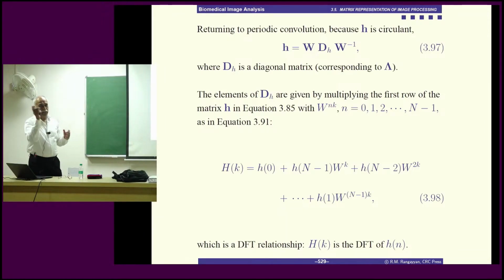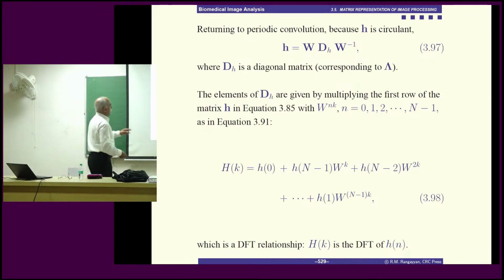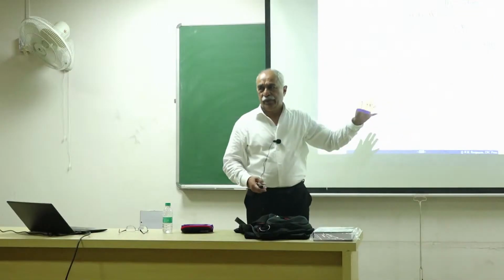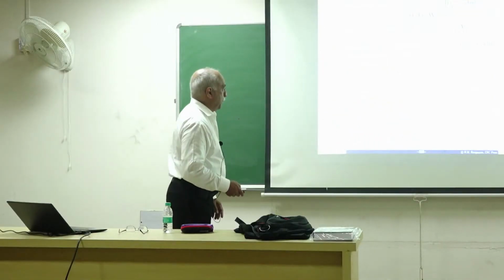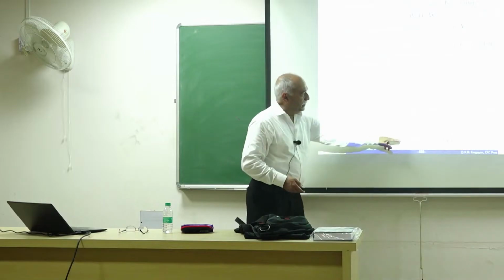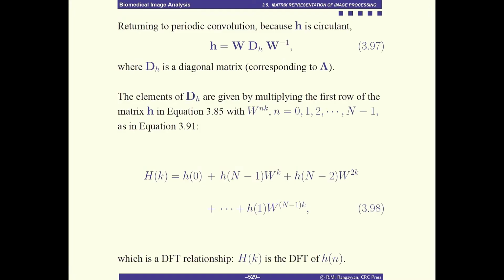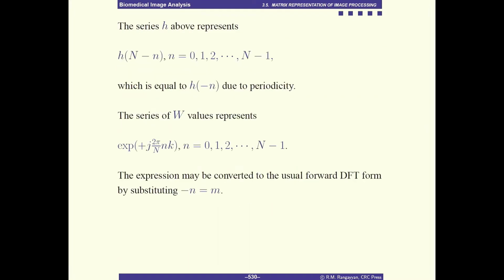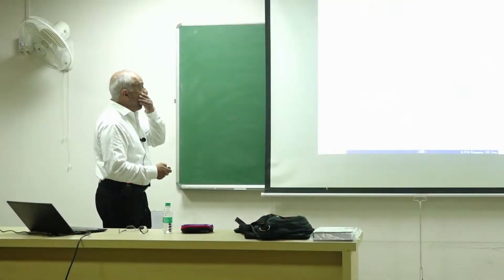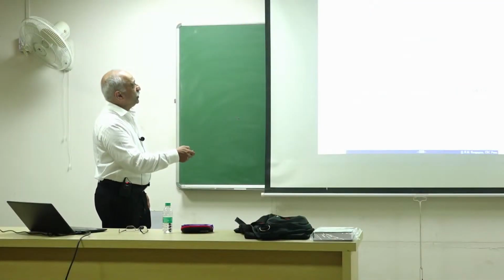It's a matrix, but the first row is just the DFT. Hk is h0 and so on, Wk, W2k, that's the Fourier transform. Hk is the DFT of hn. So this series of values of h represents h of minus n, which is equal to h minus n.